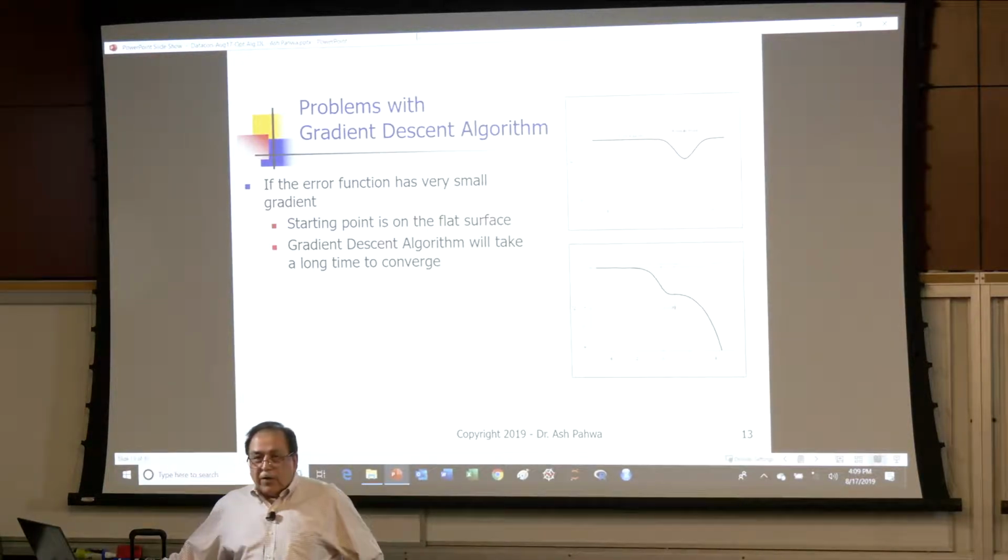Now, let us take another function. If this is my function, and this is my minimum point which is going to come later on, but there is a flat region before it, again I will get stuck over here. I can give you a metaphor of a car.